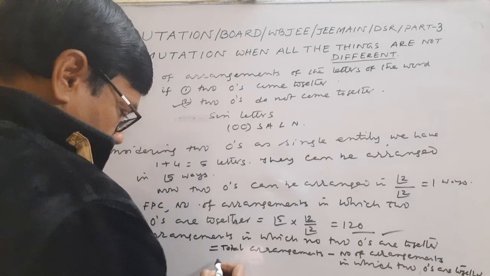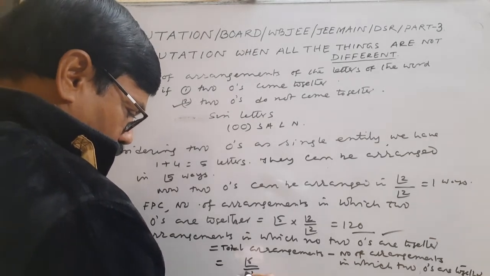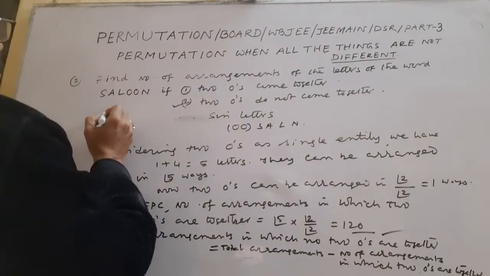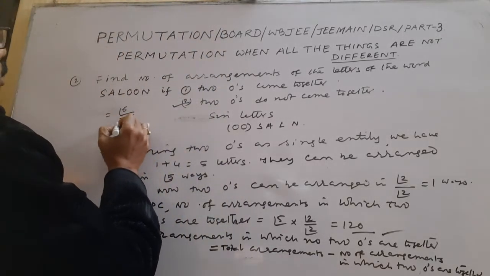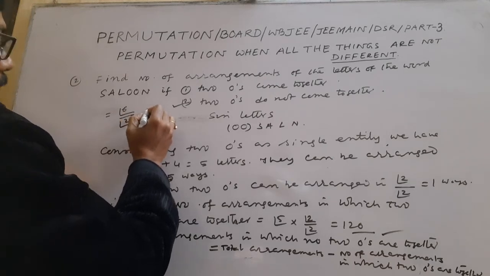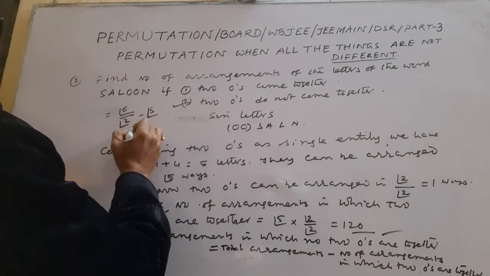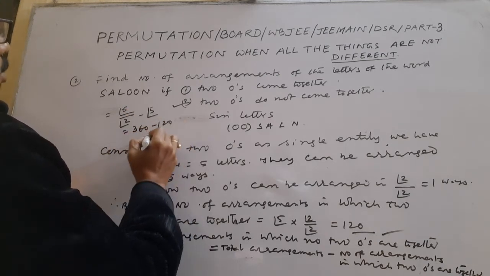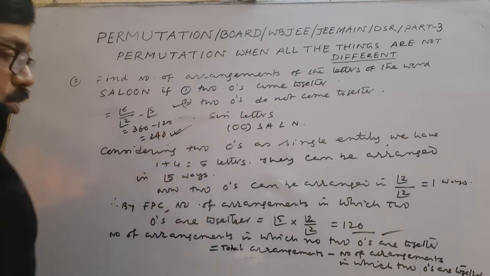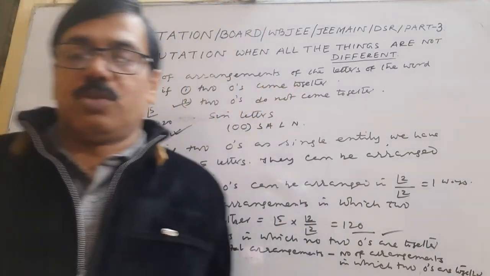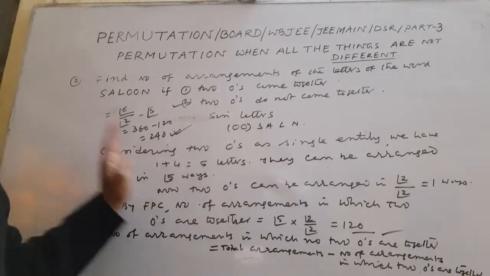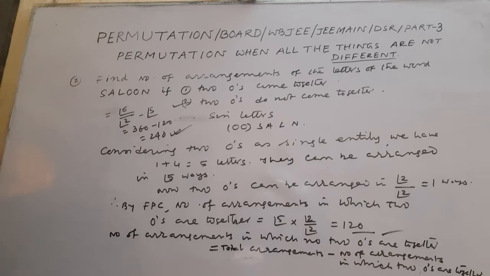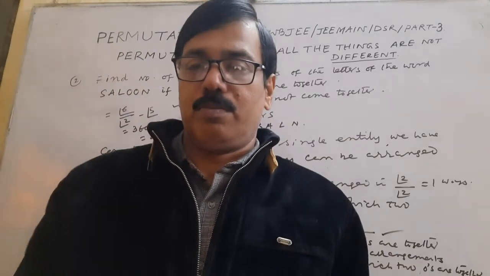So factorial 6 by factorial 2 is the total permutation. This equals factorial 6 by factorial 2 minus factorial 5. So 360 minus 120 equals 240. So same procedure as in the earlier video. Here there are some alike letters or members.